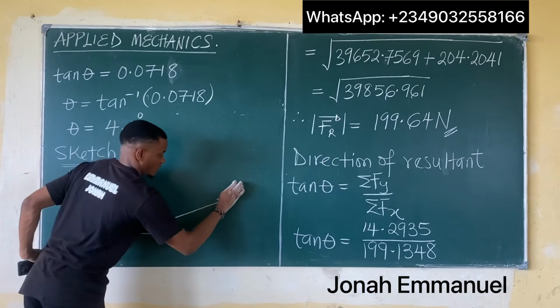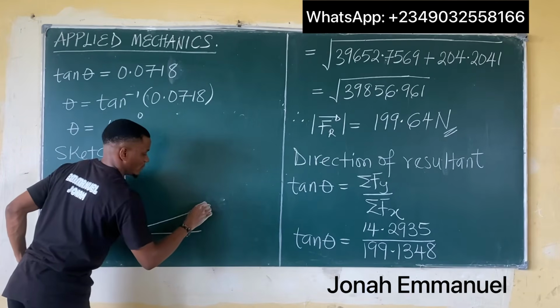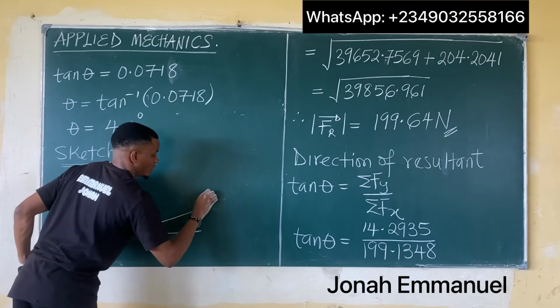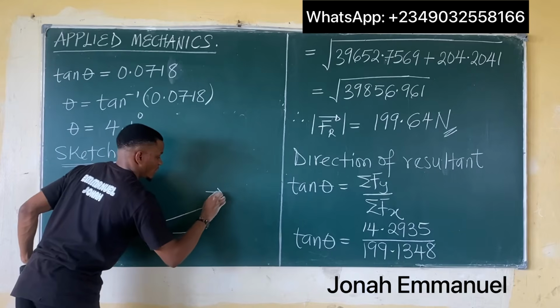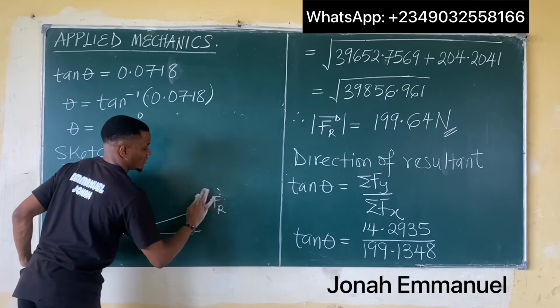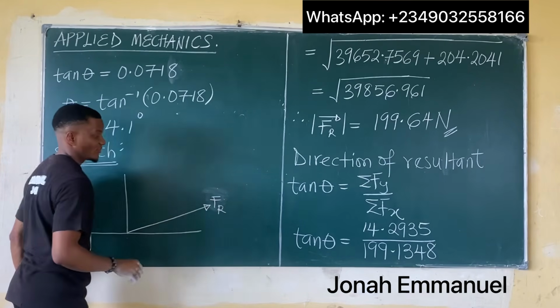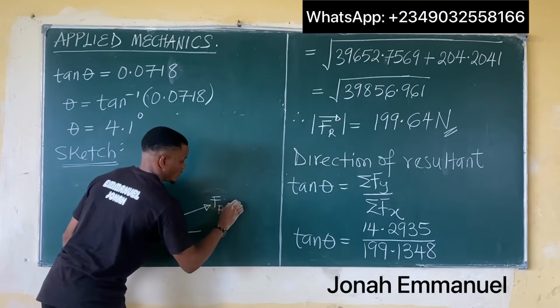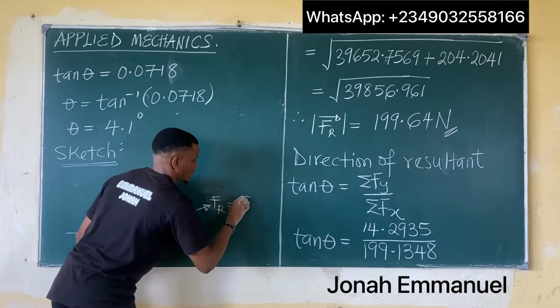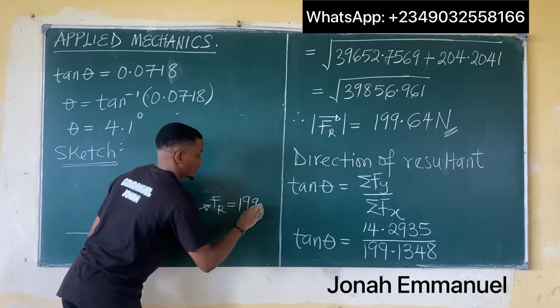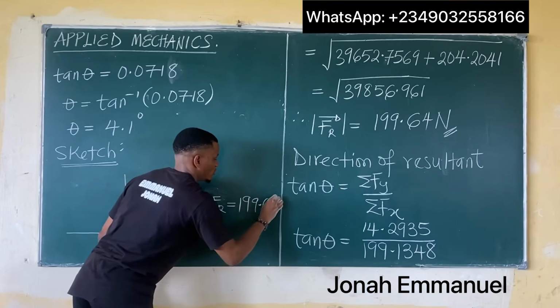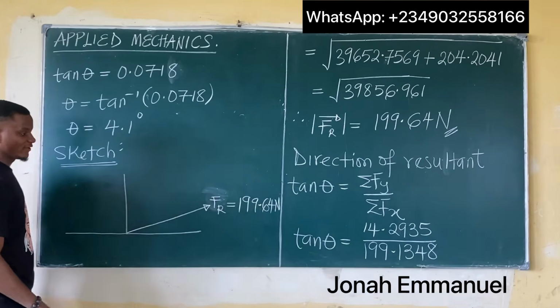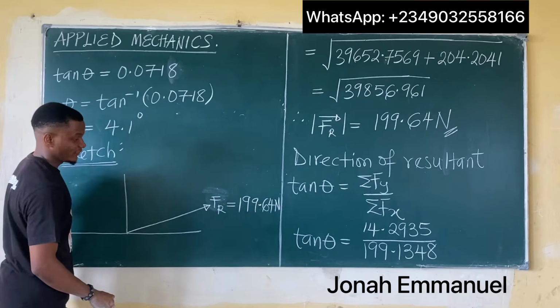You have FR. Since I'm using the magnitude, FR is equal to 199.64 Newton. That's the resultant force.